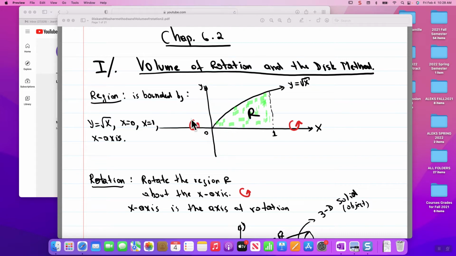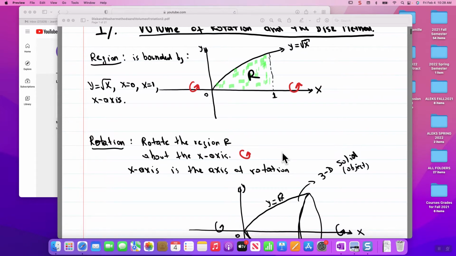And what we're going to do is rotate the region R with respect to the x-axis. Those curved arrows tell us you're going to take this region and rotate it 360 degrees with respect to the x-axis.